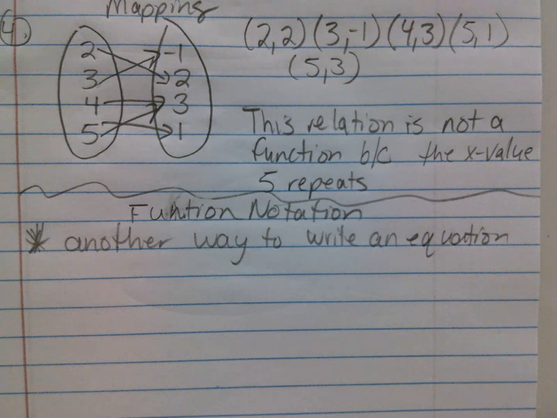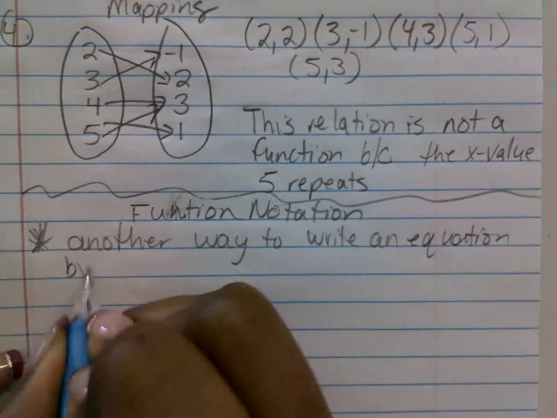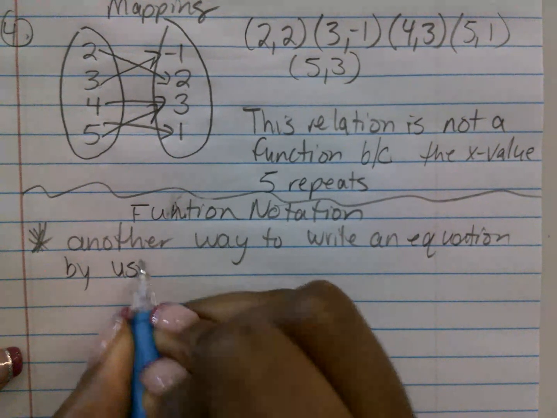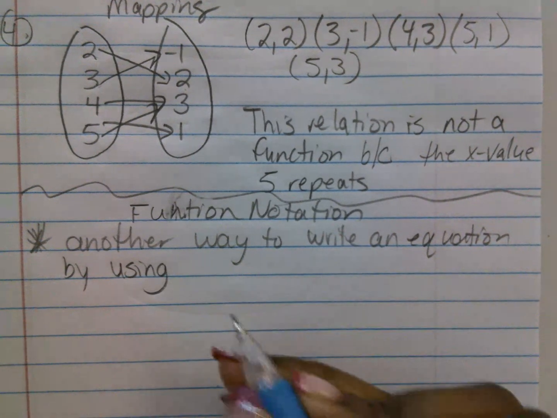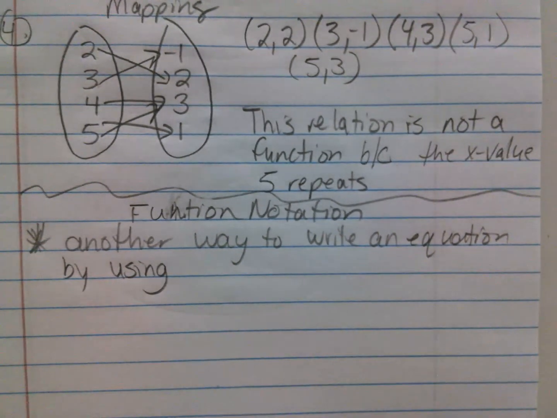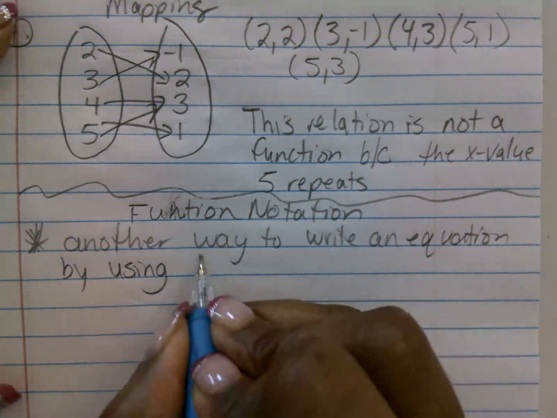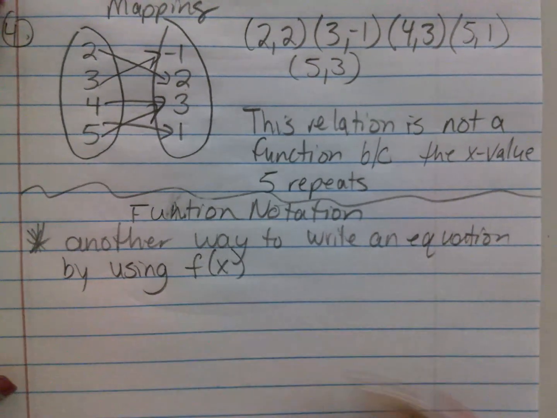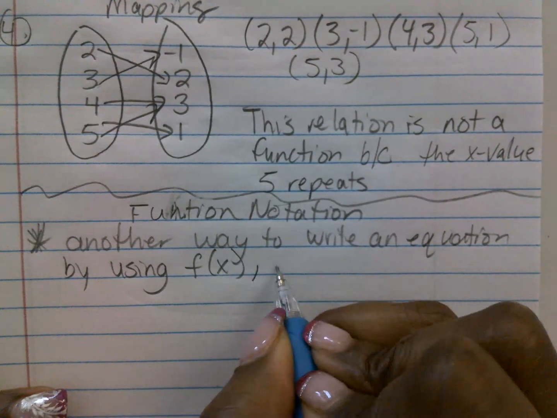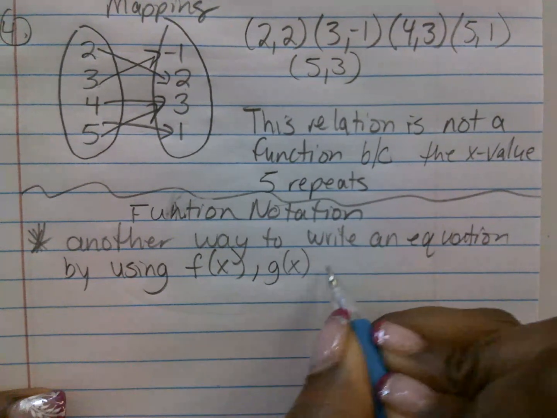It is another way to write an equation by using f of x, g of x, h of x to express that x is a function of y, okay? Using f of x, g of x, h of x.